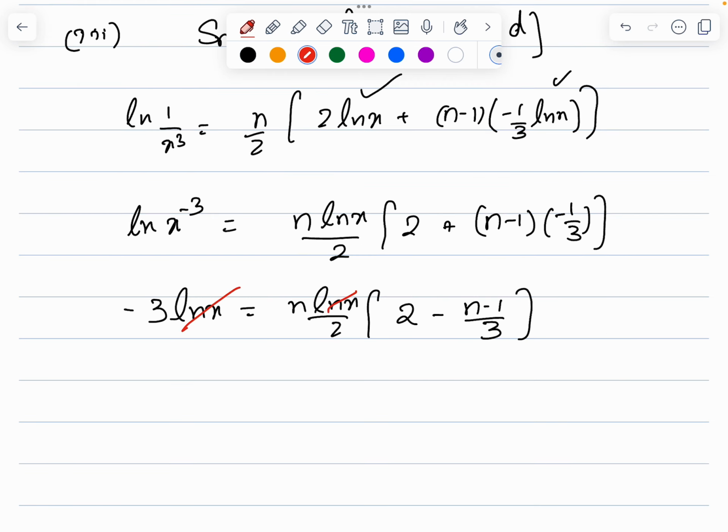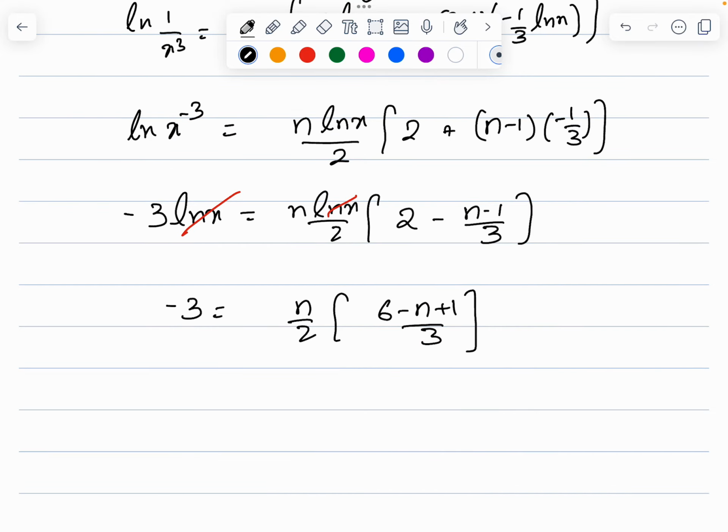ln x and ln x get cancelled. Negative 3 equals n upon 2 times (6 minus n plus 1) upon 3. So 2 times 3 is 6. Negative 3 times 6 is negative 18 equals n times (7 minus n).